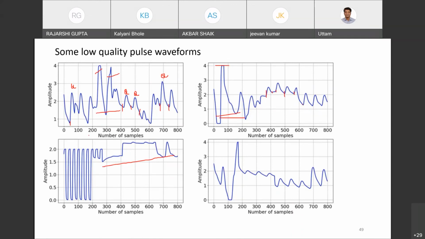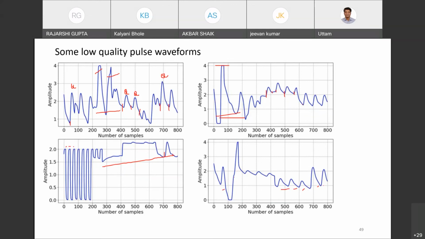So these are some good quality pulses, and here you have one good quality pulse, and the rest is basically garbage. Here you have some good quality pulses, but the rest is garbage. So when we talk about beat to beat measurement, it is very important to have at least say 10, 15 or 20 PPG pulses.